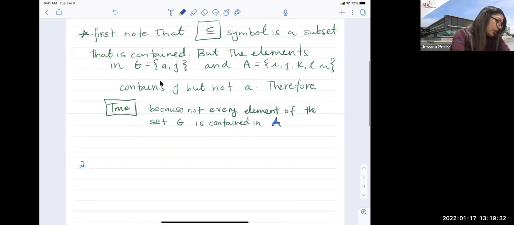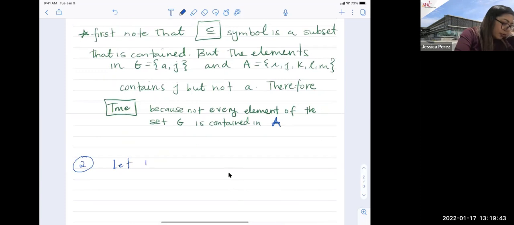So question 2, again, I am not going in order. Let's say we have a different example. Example 2, say let U, remember that U represents the universe.